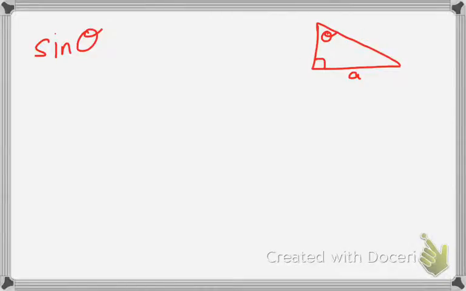Or actually, rename those. So this is going to be opposite, adjacent, hypotenuse. So the opposite is across from it, right? That makes it opposite. Adjacent helps form the angle with the hypotenuse, and the hypotenuse is what's across from the 90-degree angle, your right angle. So sine is equal to opposite over hypotenuse.